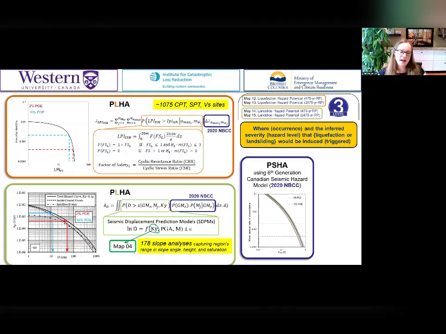We calculate liquefaction hazard curves for over 1,000 locations where we have cone of penetration and standard penetration or shear wave velocity information. And we've performed kind of a lookup table for all possible combinations of slope angle, slope height, and the groundwater table inside of particular slopes that guides us on the range of landslide hazard curves or sliding displacement hazard curves.